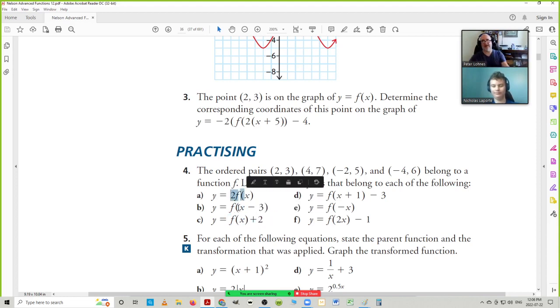Why do you think they're doing it step by step like this, and then suddenly they mix it up? Because it's easier. One by one, you get to study each transformation. This one you have left or right, down or up. So what would I do to all my x values?